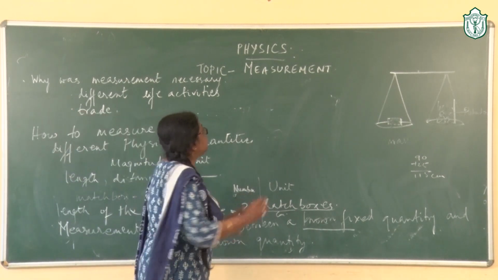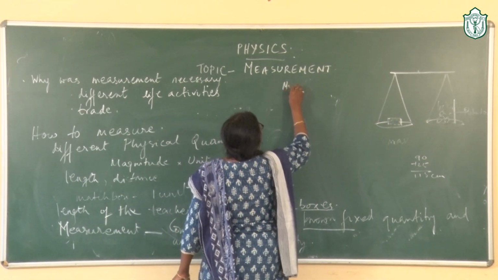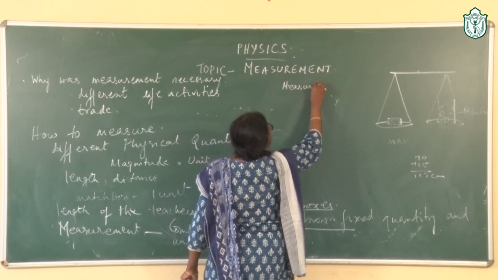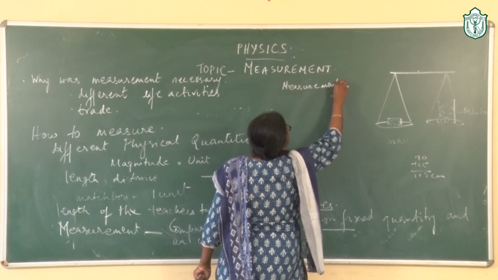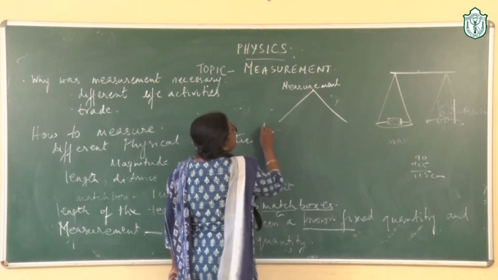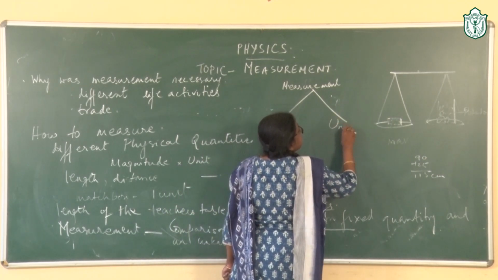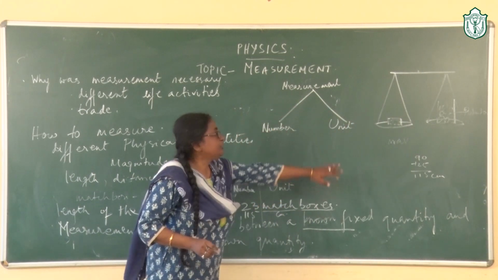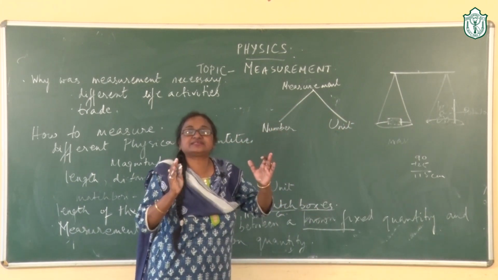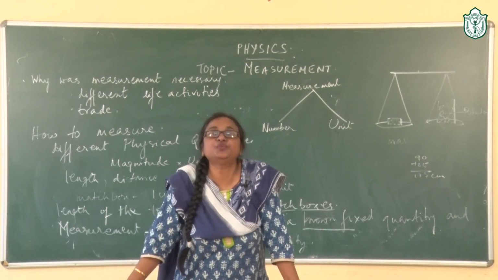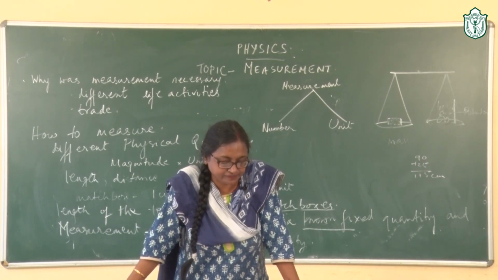So we know that measurement now is expressed as a number and a unit. The unit is the fixed quantity that we use to measure.